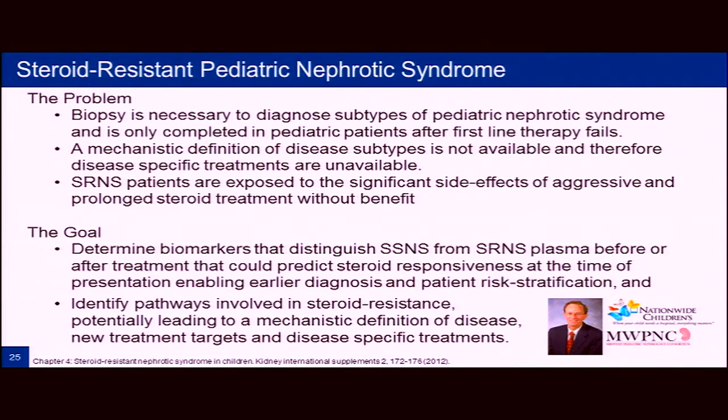And beyond that, we'd like to identify pathways that are involved in steroid resistance to potentially lead to mechanistic definition of these diseases, as well as new treatment targets.